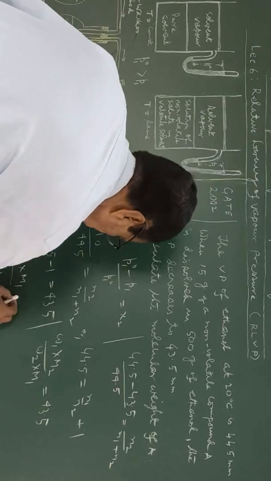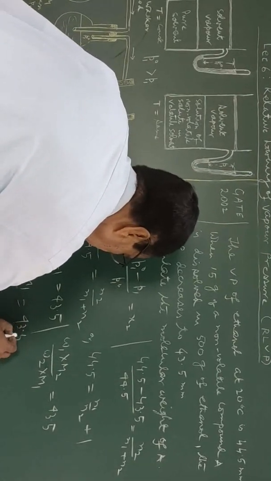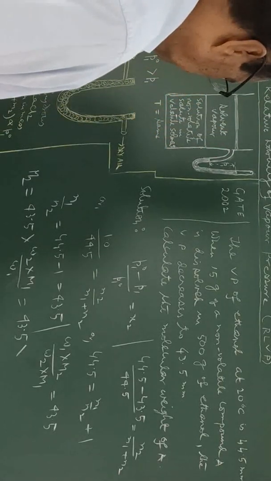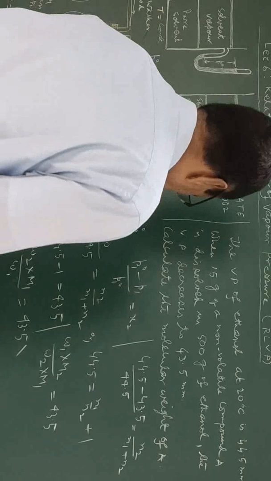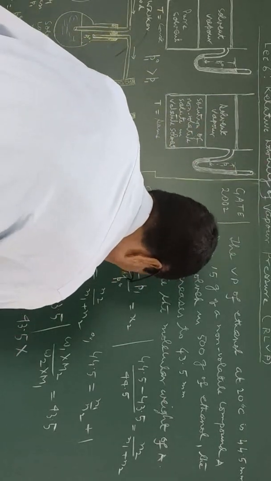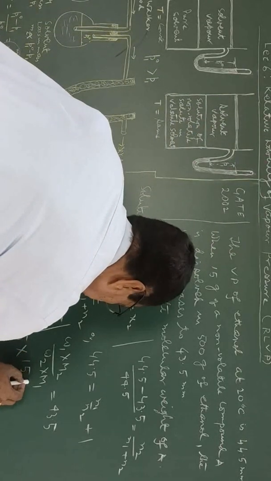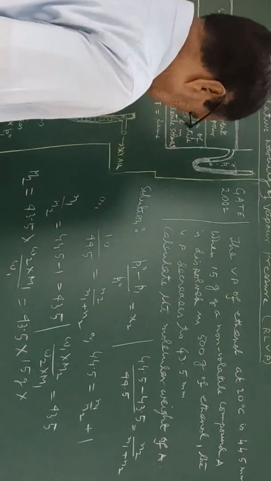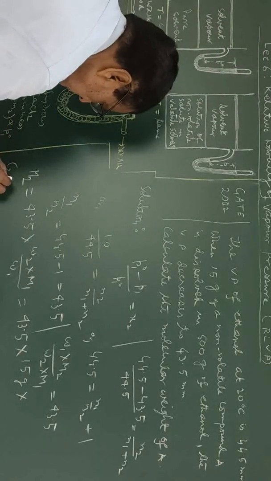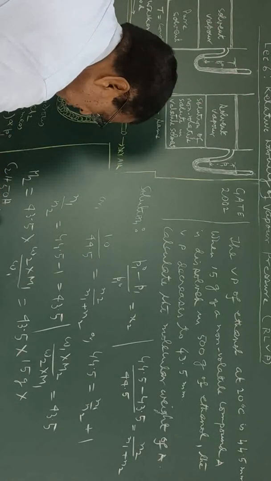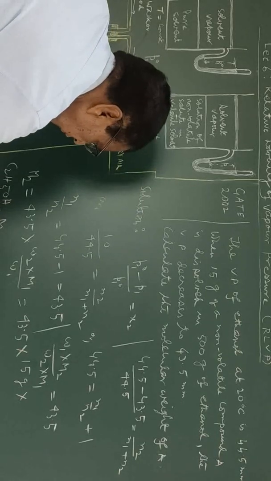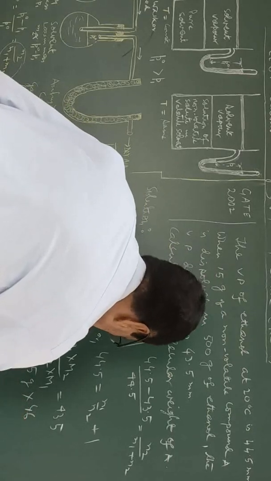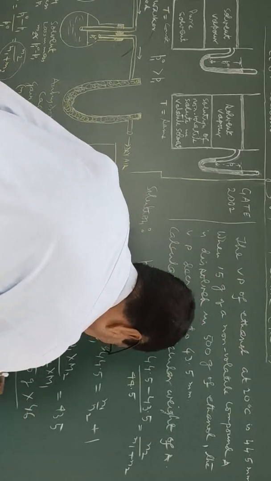So putting the values of 43.5, and W2 is 15 gram, and the molecular weight of ethanol, C2H5OH, M1 equals 46, divided by 500.